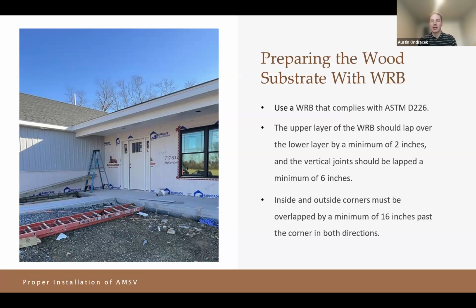This can just eliminate any issue of that later on by having that minimum overlap. And then inside and outside corners must be overlapped by a minimum of 16 inches past the corner in both directions. So again, the same thing, trying to make sure that water resistive barrier is resisting water at all corners with enough give and enough play for a few inches on either side.